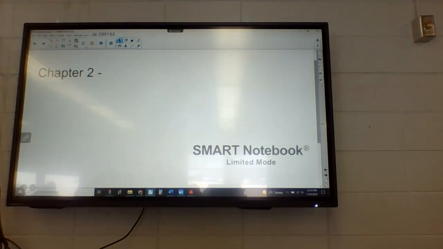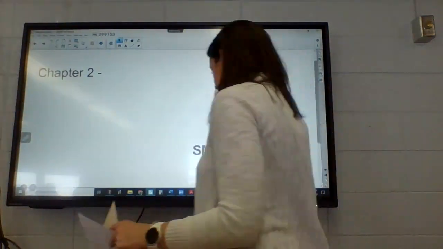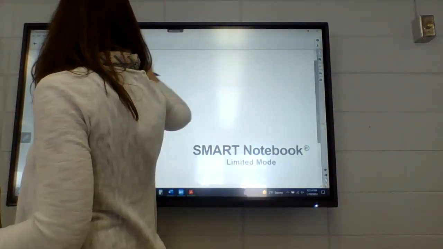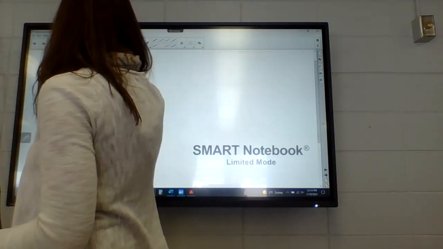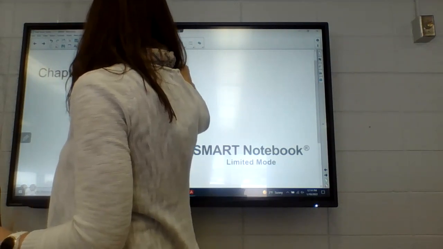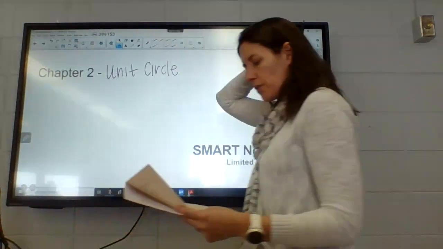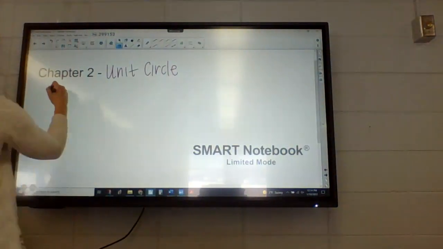So chapter 2 was basically on the triangle within the circle, the unit circle we talked about. Within this we talked a lot about special right triangles.